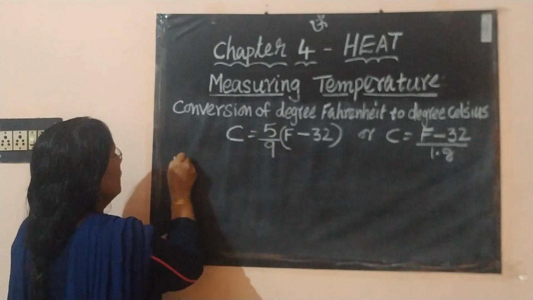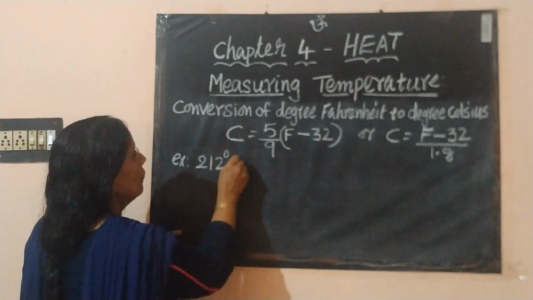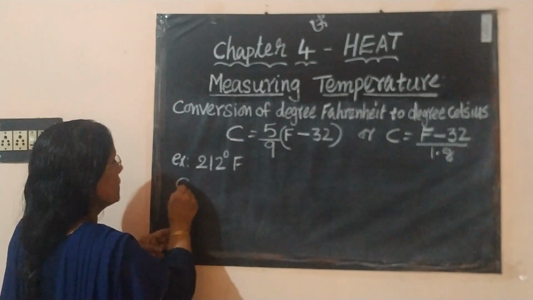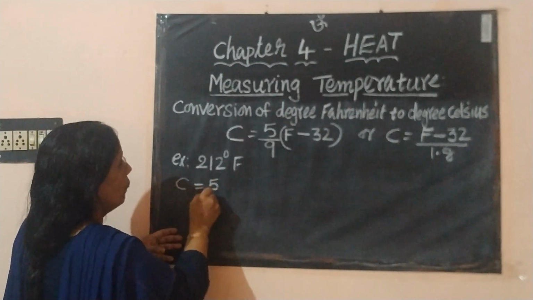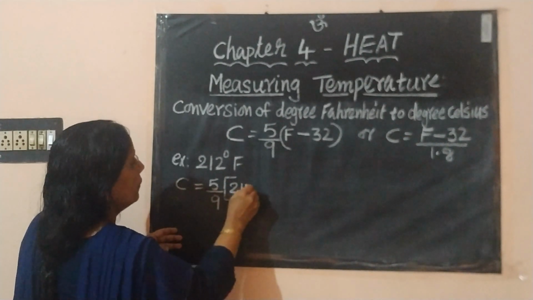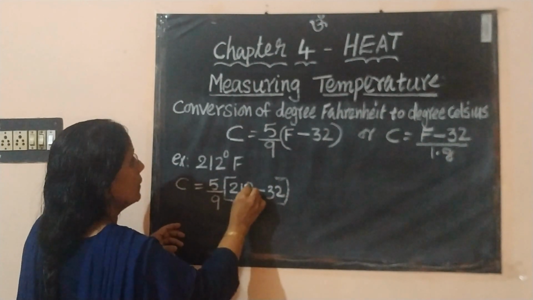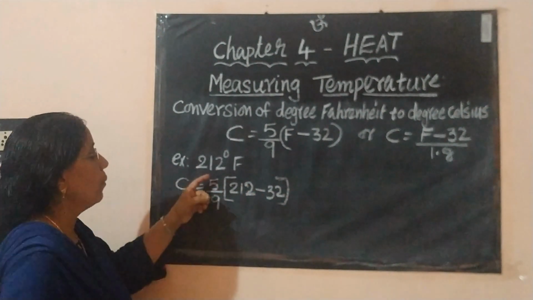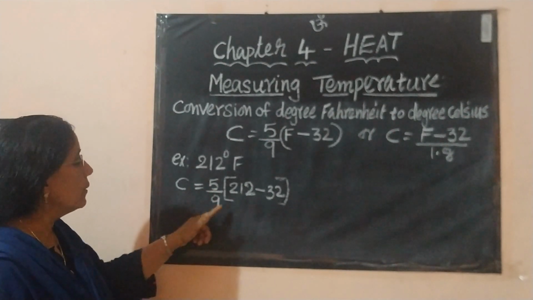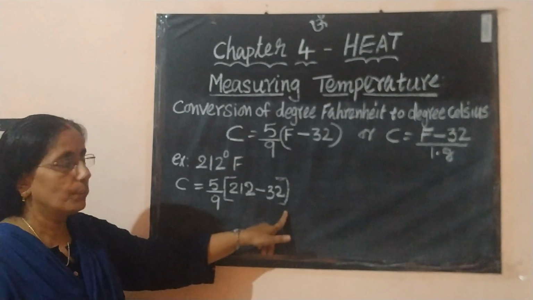Take one example, 212 degree Fahrenheit. So using the formula, C is equal to 5 by 9 into 212 minus 32. That is, by substituting the value of F in the given formula, we get 5 by 9 into 212 minus 32.